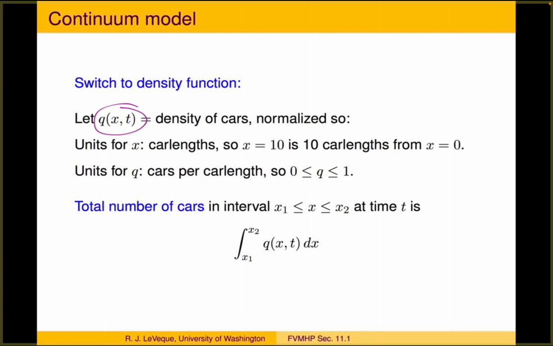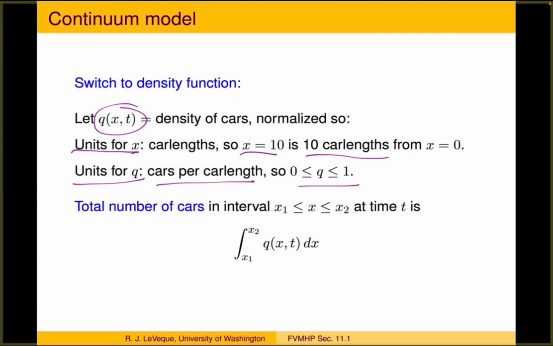We'll normalize it so that the units we use for x along the road are in units of car length. For example, x equals 10 corresponds to 10 car lengths away from the origin. And the units we'll use to measure q will be cars per car length, so that we again have q between 0 and 1, with 0 corresponding to an empty road and 1 corresponding to bumper to bumper cars.